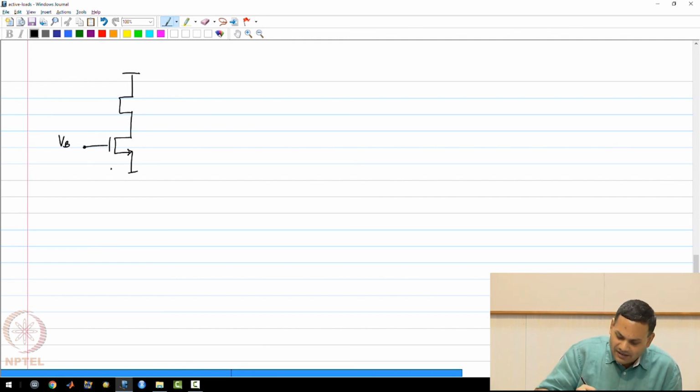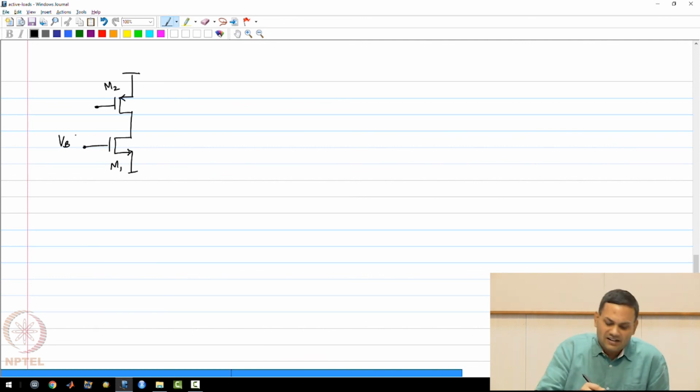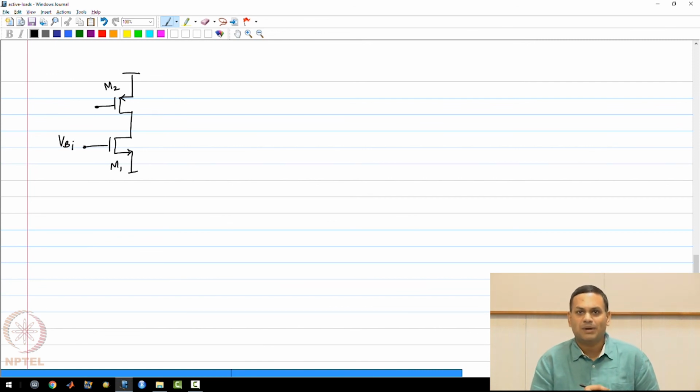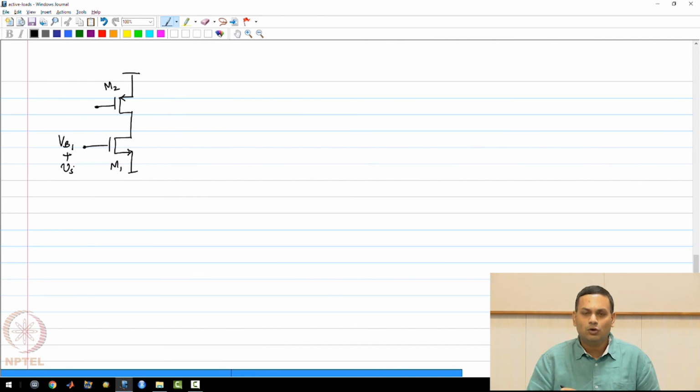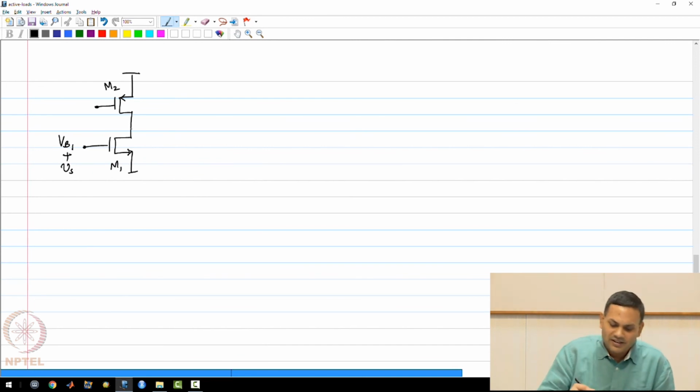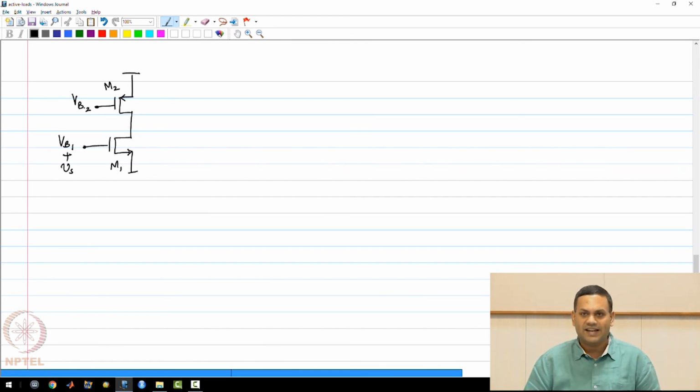So let us say the NMOS transistor is M1 and the PMOS transistor is M2, and I'm going to say that the NMOS transistor has a bias voltage VB1 and a signal voltage Vs applied to the gate. The PMOS transistor has some voltage VB2 at its gate.